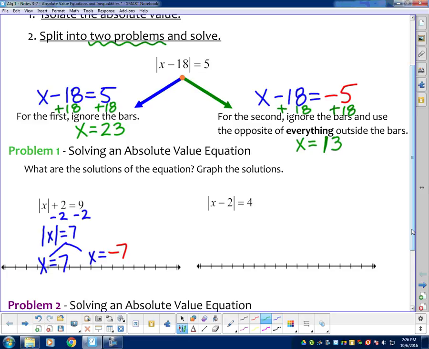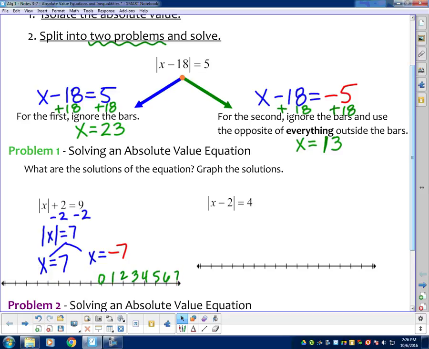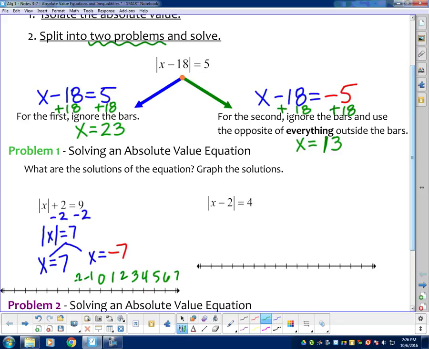Now, if I want to graph this, because I have an equal sign, I'm not drawing arrows.